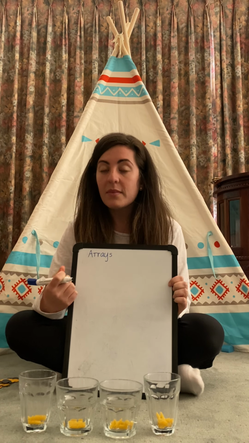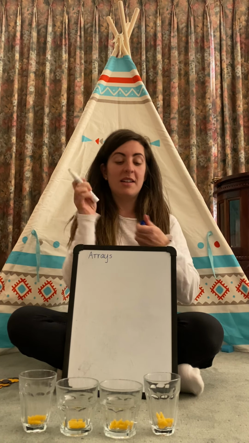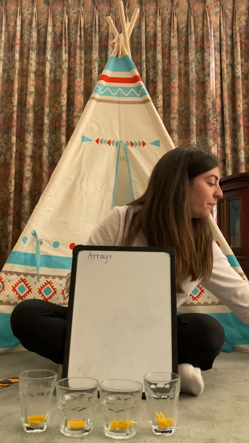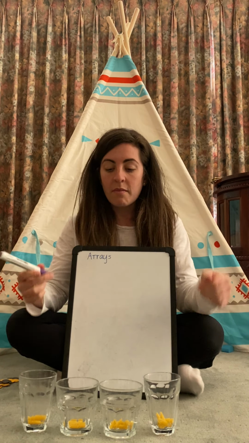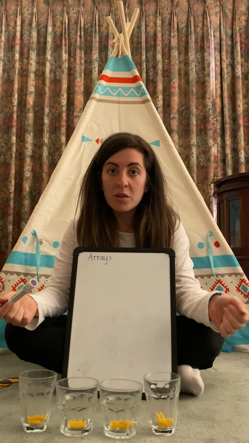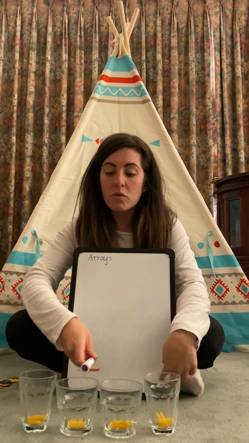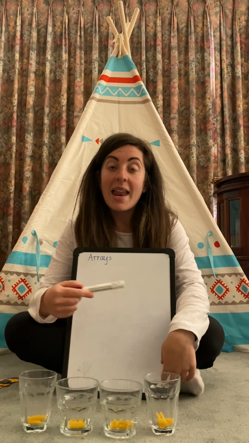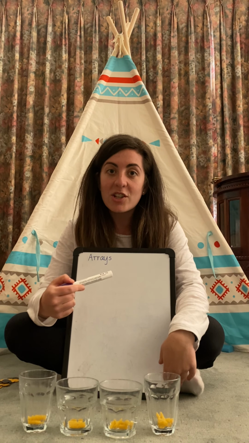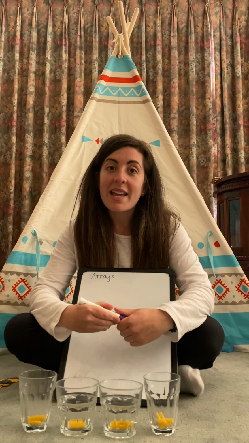Arrays. Now, I'll change colours because that was the colour for my title. I want to show you in an array how many groups of pasta I have and how many pieces of pasta are in each group. An array is simply made with circles.